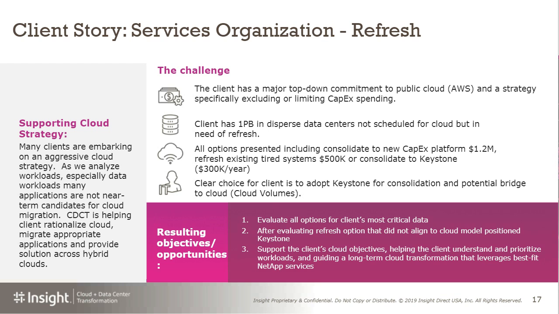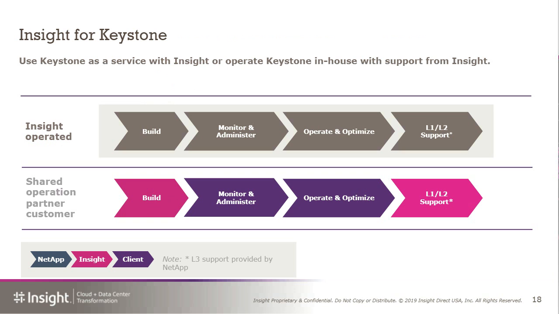I want to get the new stuff at a fraction of the price of renewing my support or having to buy all the new stuff because, again, the cloud was in their future, and so they didn't want to make a long-term commitment. This gave them the flexibility. So 3 types of examples of different thoughts of I need to consume infrastructure. Do I have different options? And hopefully this is helping you understand that there are certainly some different options available.